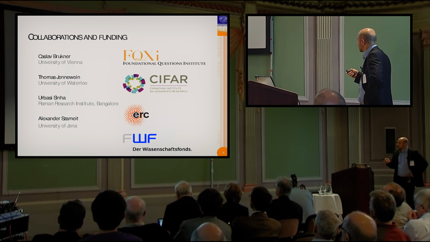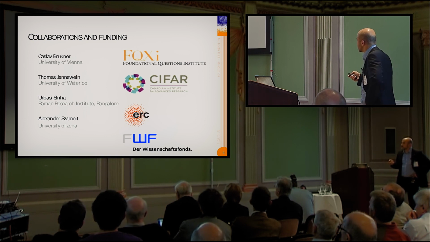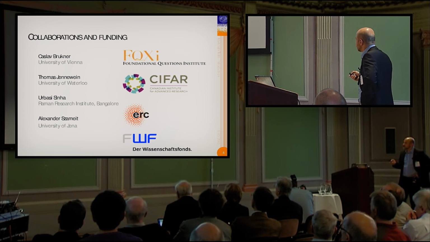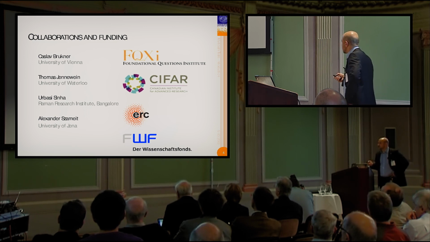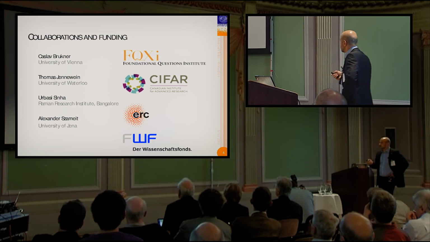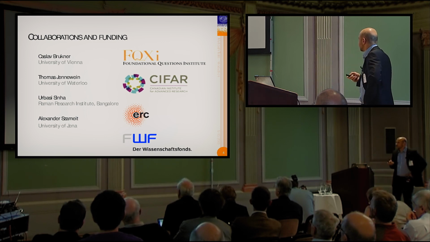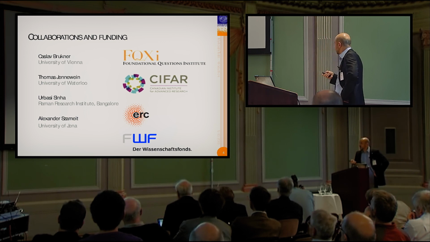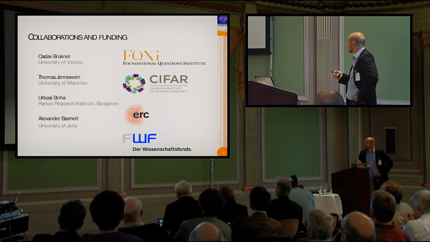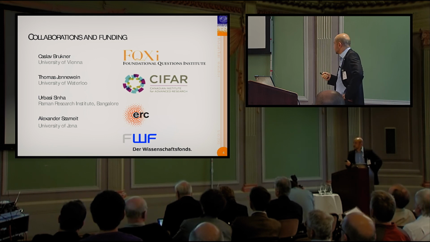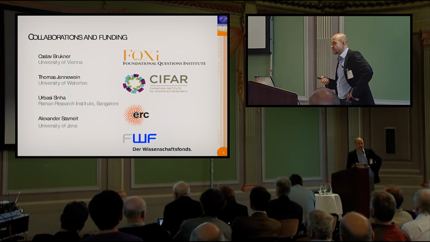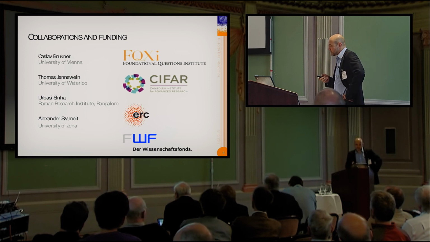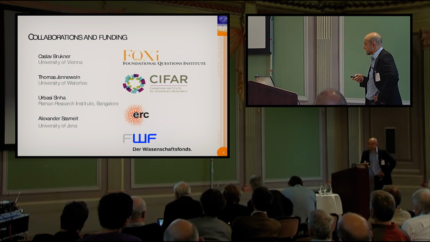I should also acknowledge collaboration with Czeslaw Bruckner on this topic, and with these two people, Ubushi and Thomas, at the time in Waterloo. Ubushi is now back in India, and we've handed in a proposal to continue these studies. And then also for the last part, I now have waveguides from Alexander Samite in Jena, with the hope of improving some of these tests.